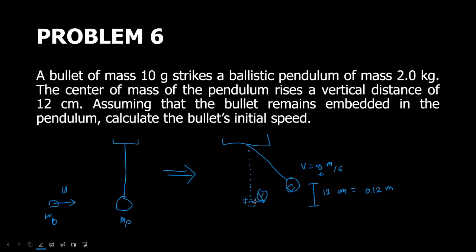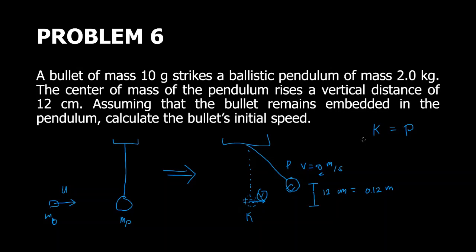So, technically speaking, the kinetic energy below here is converted to potential energy here. And remember in the last discussion, lecture number 4, we know that the kinetic energy is equal to the potential energy by the law of conservation of energy. So to find V, we'll just use this fact.